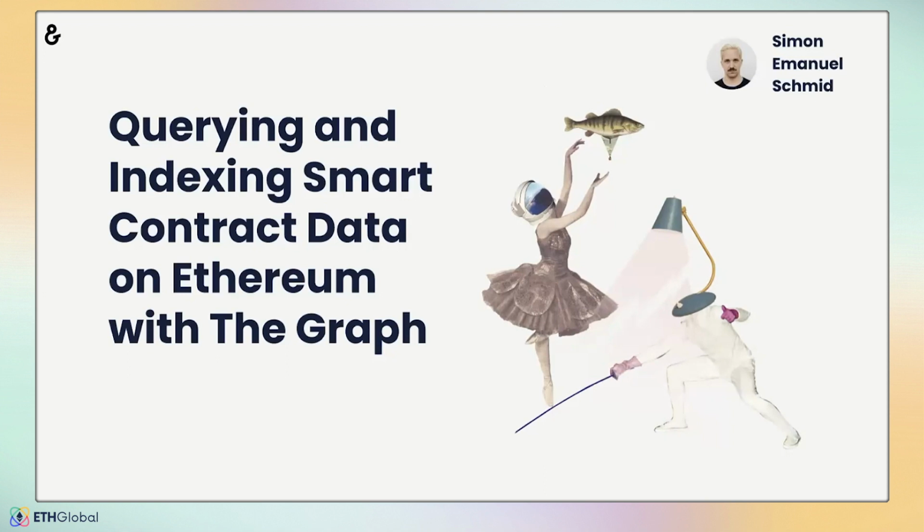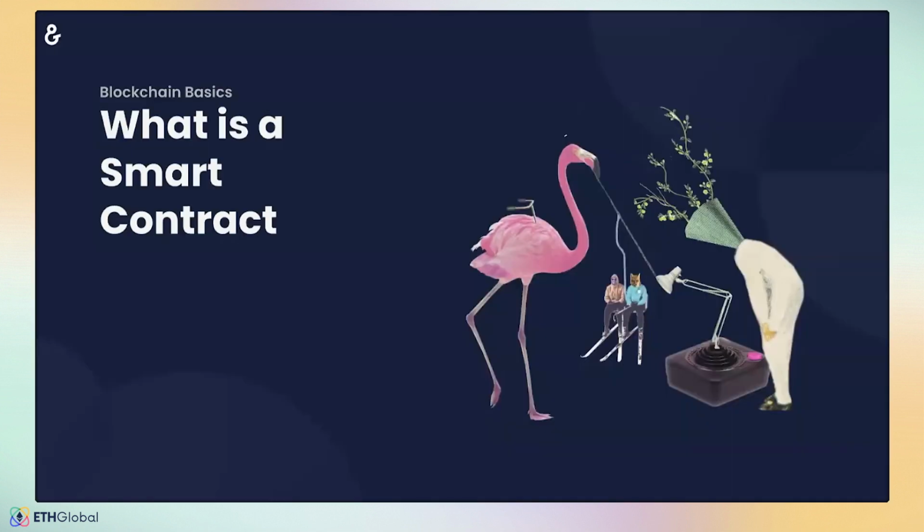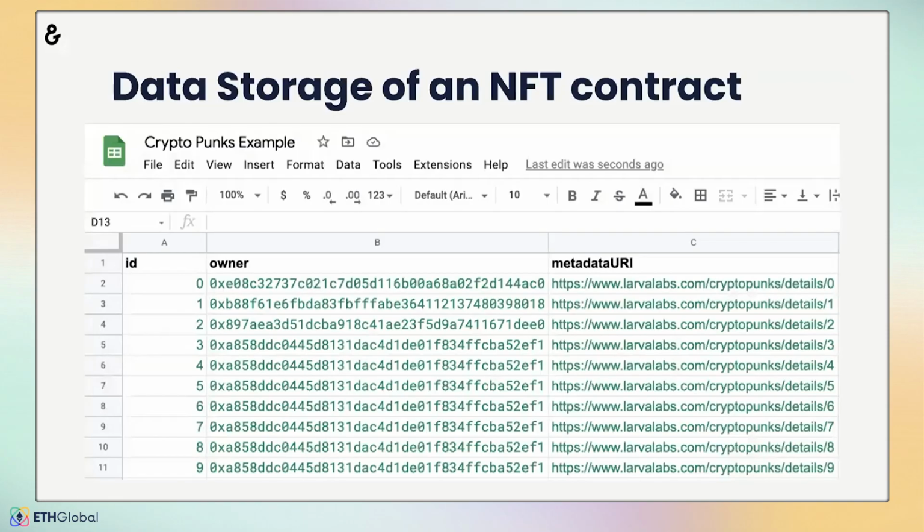So, querying and indexing smart contract data on Ethereum with The Graph. I start here really with the basics. What is actually a smart contract anyways? I have an interesting example you can think about of a smart contract that has two things.